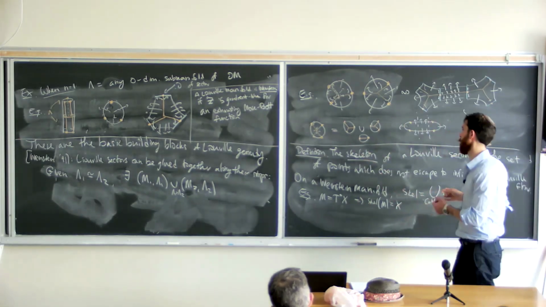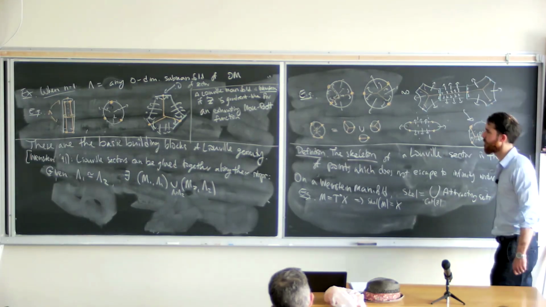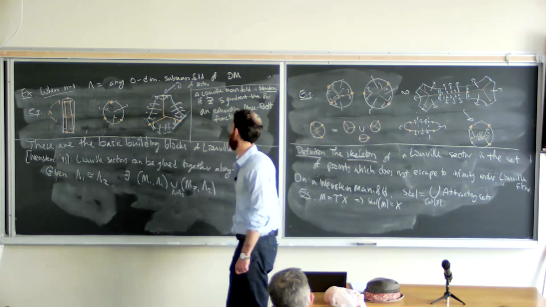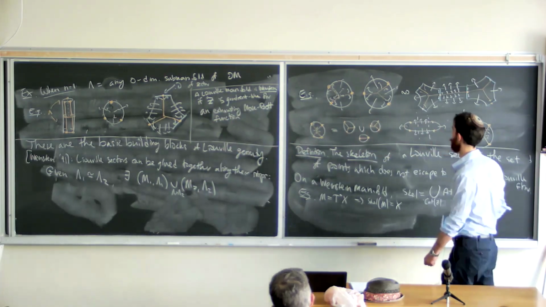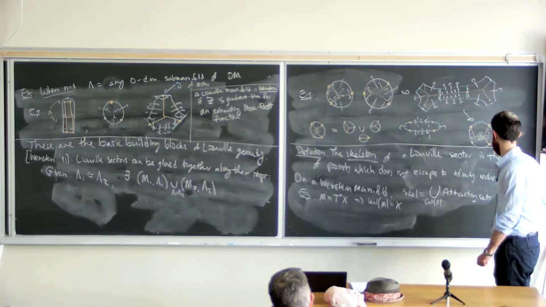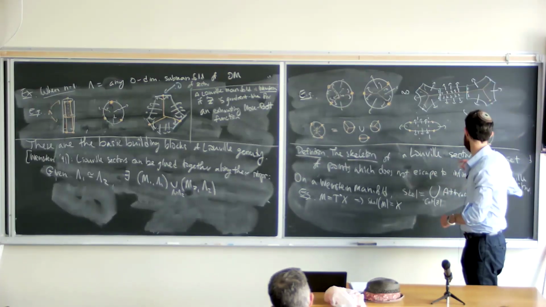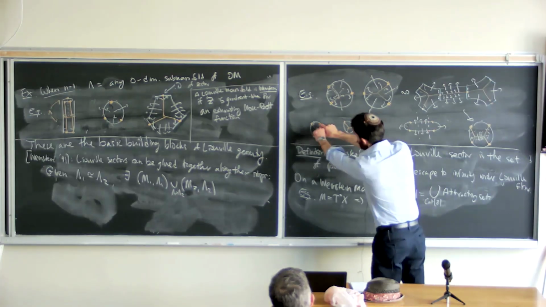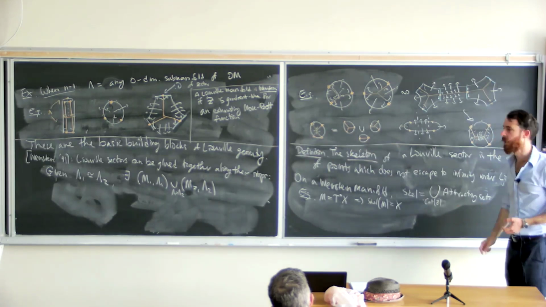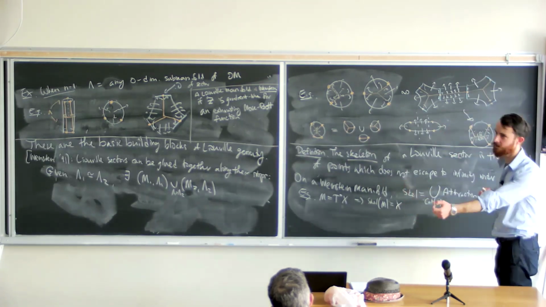I only ever care about things up to Liouville homotopy. To be clear, Liouville homotopies should be compactly supported or something, just in case I can't do some crazy thing. But certainly in this case, changing my Liouville vector field slightly from this one to this one is a very simple move that's not changing the underlying symplectic manifold.